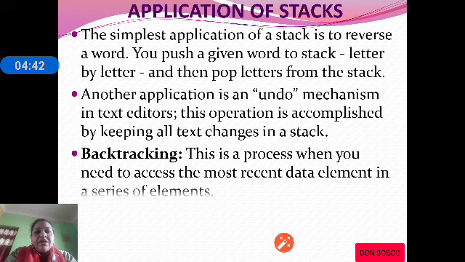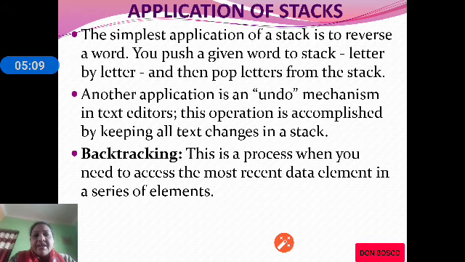Then we use stacks for backtracking. So what is backtracking? Say you have performed some 10 operations, and step by step you want to know the previous operation you did, and the previous one, till the end. If you want to check in the backward direction, we can use backtracking.